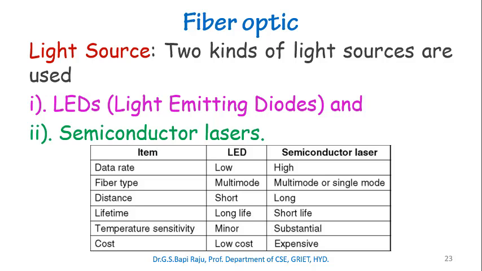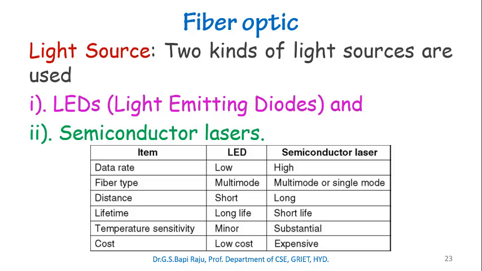And in fiber optic, there are two light sources. One is based on light emitting diodes, and the second one is based on semiconductor lasers. Both have some advantages as well as some disadvantages. You can see that in this table. Data rate in the case of LED is low, but semiconductor laser is high.